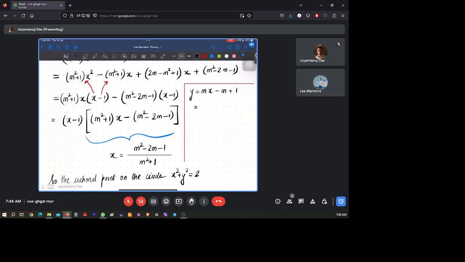Tell me what will happen. So it will be m times x, that is m cube minus 2m square over m squared plus 1, minus m plus 1.